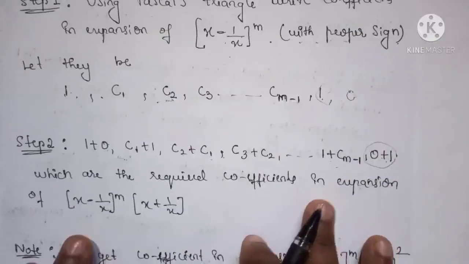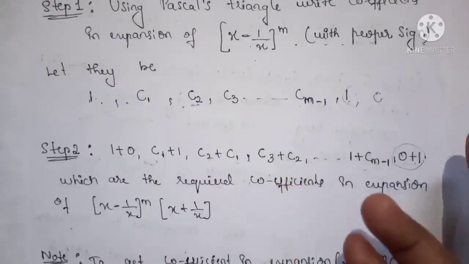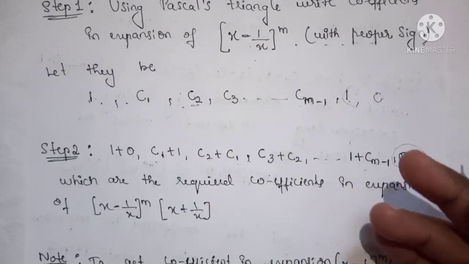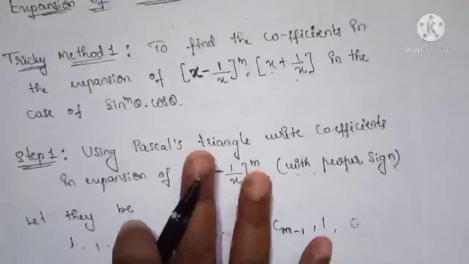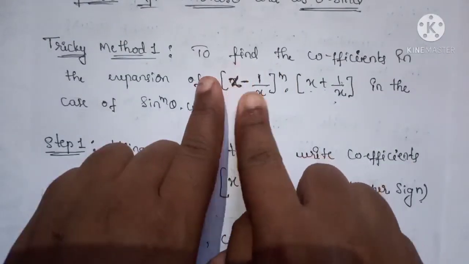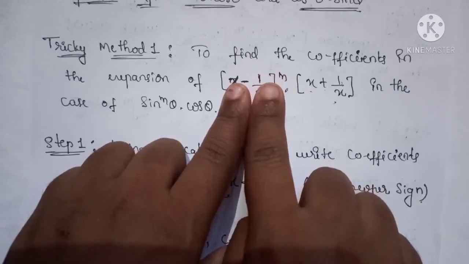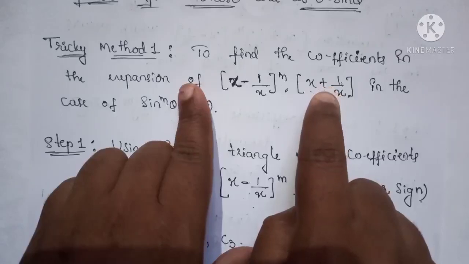So like this, if the next bracket is plus, we take plus. If the next bracket is minus, I will explain that in the tricky method too. What we have to do is, first we take the first term's constants, then we add the corresponding constants with the previous one. If it is minus, we take subtraction.